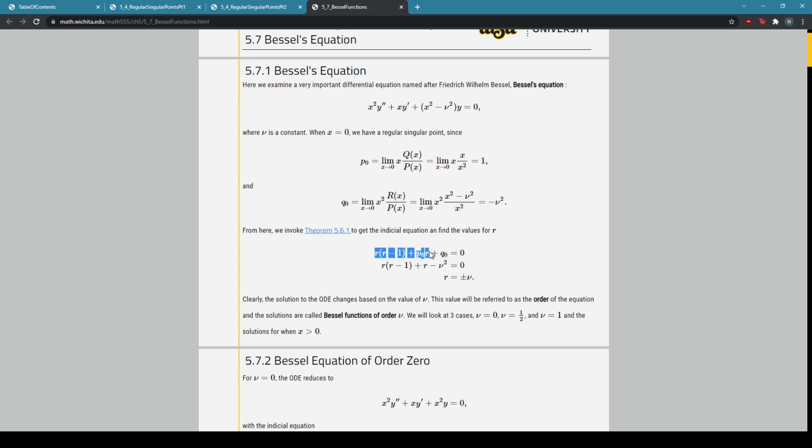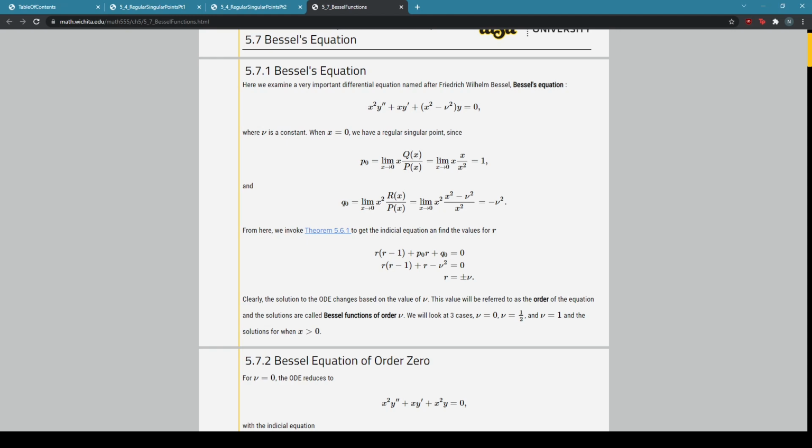If you look right here at this line, this top line here, this formula for the indicial equation holds for all differential equations that sort of look like Euler equations. So all of the types of stuff that have regular singular points, the indicial equation is always going to be like this. Okay?